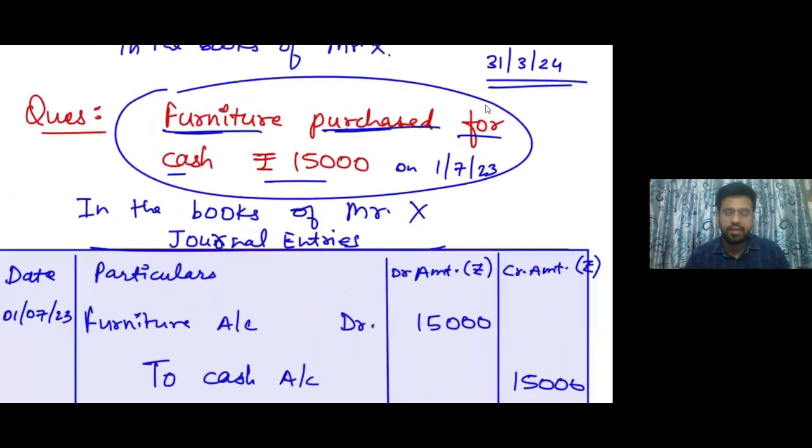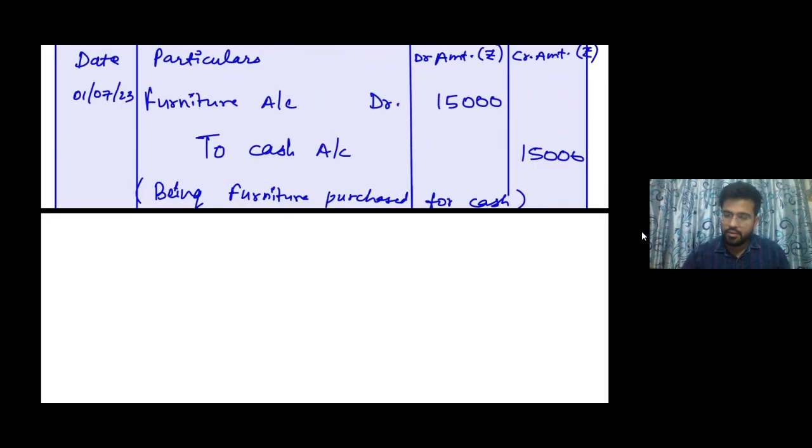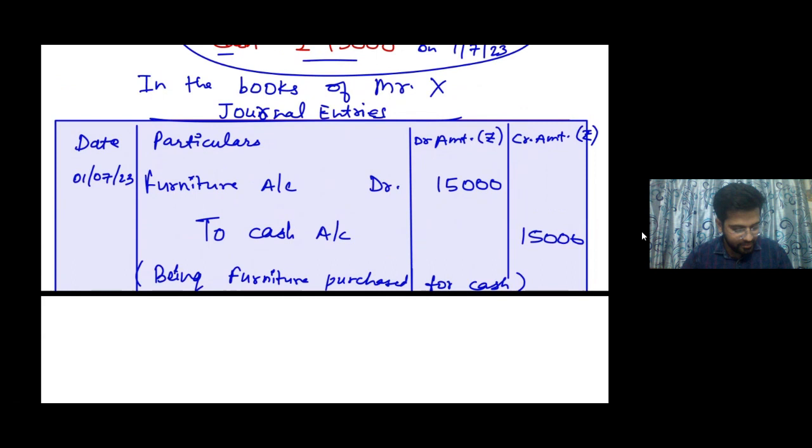So if I give you this question, now my question will change. I'm giving you another one. First, let me clear the misconception which I was talking about. One student has mentioned that there is one more column here, the ledger folio. Very good.